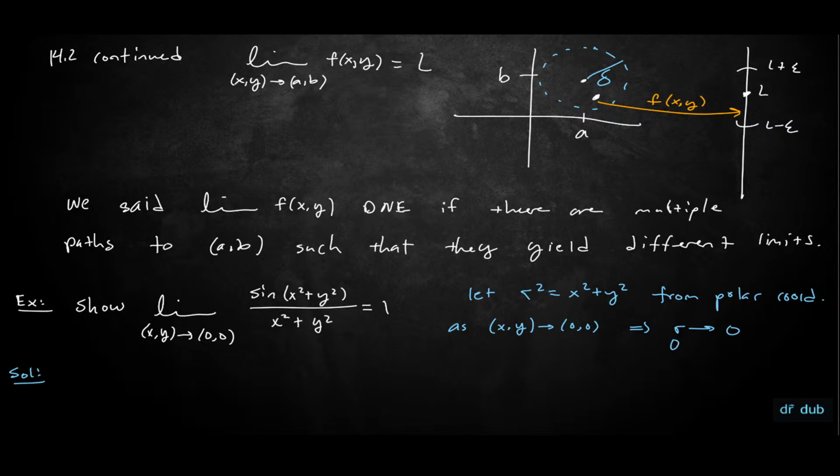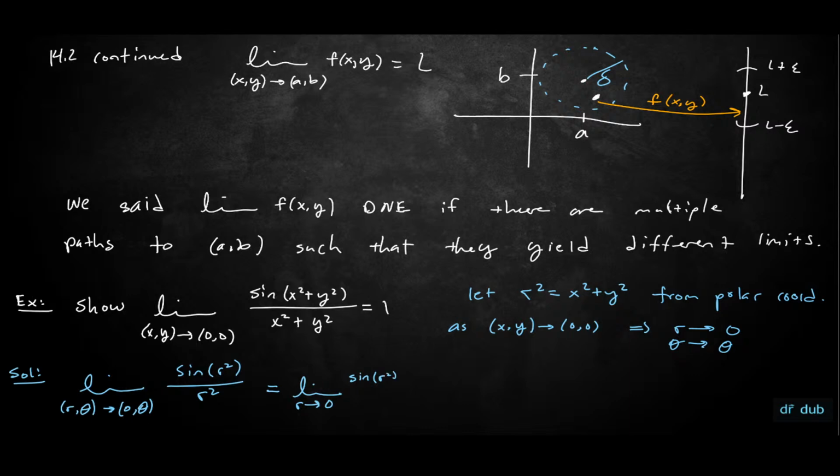Theta is going to be theta, but r is going to go to 0. So really what we can do is switch this over and say this is the limit as (r, theta) goes to (0, theta) of sine of r squared over r squared, which is really just a single variable limit because there's only one variable here. So it's really just the limit as r goes to 0 of sine of r squared over r squared. And then we use L'Hopital's rule on that.